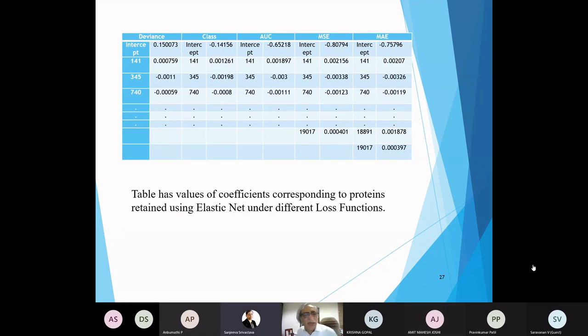Okay, sure. So this summarizes the information. For example, what do these two columns tell us? These columns contain information about the intercept. The model will have the intercept: log of pi x over 1 minus pi x is equal to the intercept plus this coefficient times the protein plus this coefficient times the second protein plus this coefficient times this protein and so on. So this is using the elastic net as opposed to using the L1 norm.